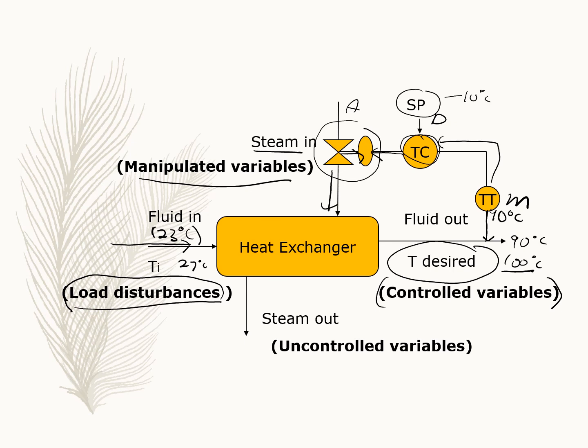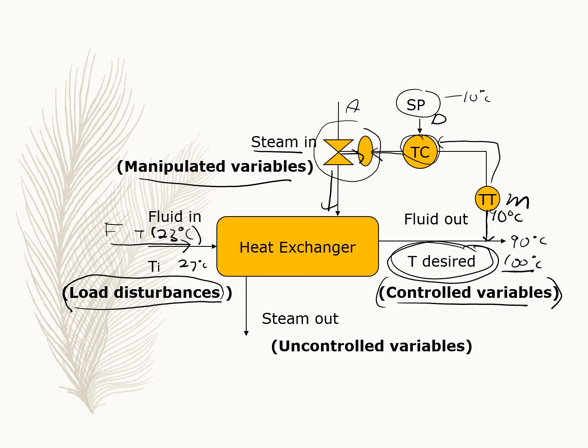This change of the temperature here causes an effect to the desired temperature, also known as the control variable here. Okay, so that's why we need the control system to ensure that whatever the temperature for the feed in, the feed out must achieve the set point, which is 100 degrees Celsius.